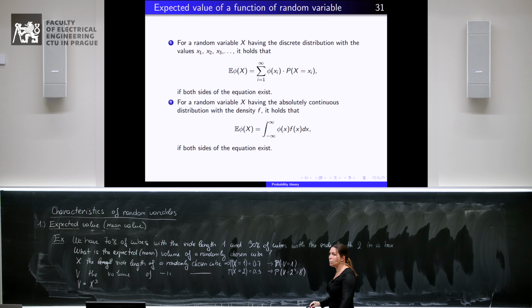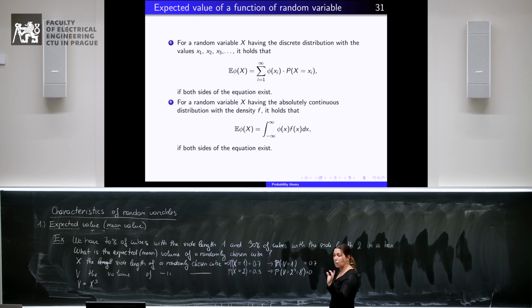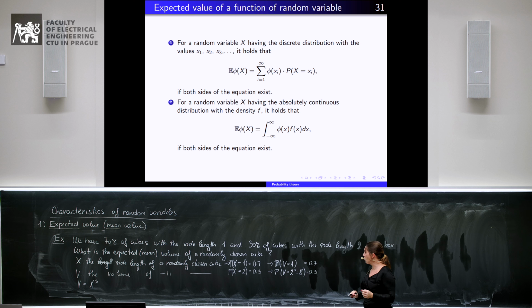The probability that we take the cube with the volume equal to 1 is the probability that we choose the cube with the smaller side length, so it is 0.7. The probability that we choose a cube with the side length equal to 2 is 0.3. So the probability that we take a cube with the volume equal to 8 is 0.3.